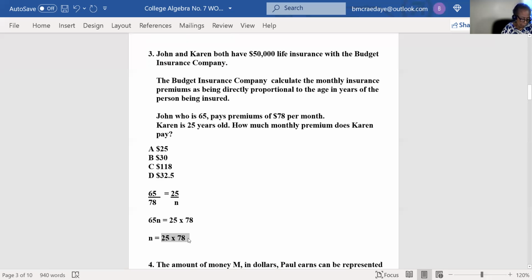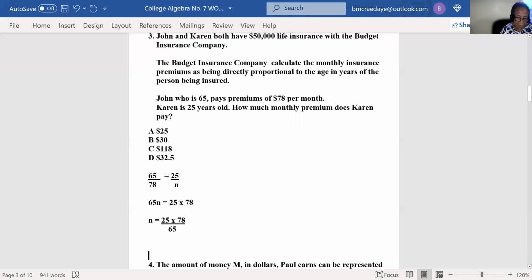So set a line, put 65 here. Now once we calculate that, multiply 25 by 78 and divide by 65. So N, what Karen would pay, is equal to $25.